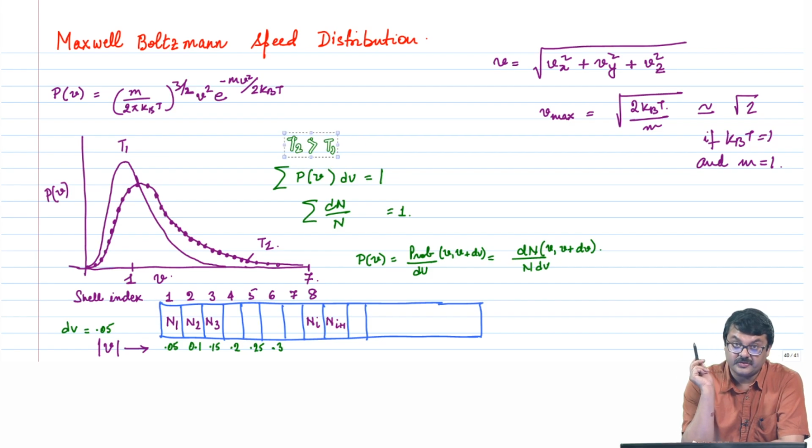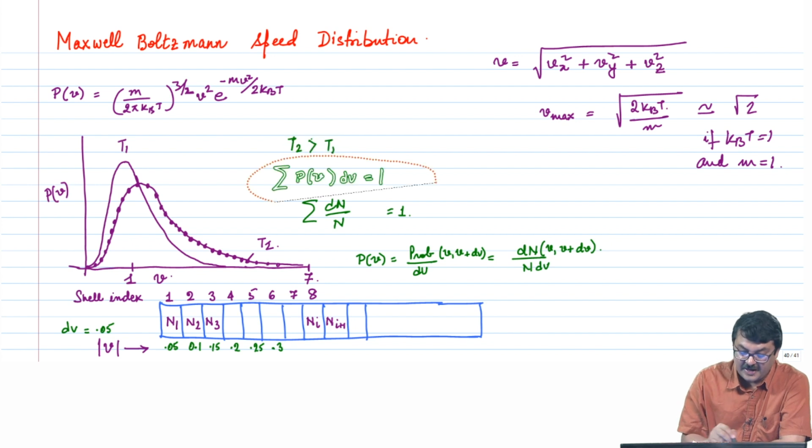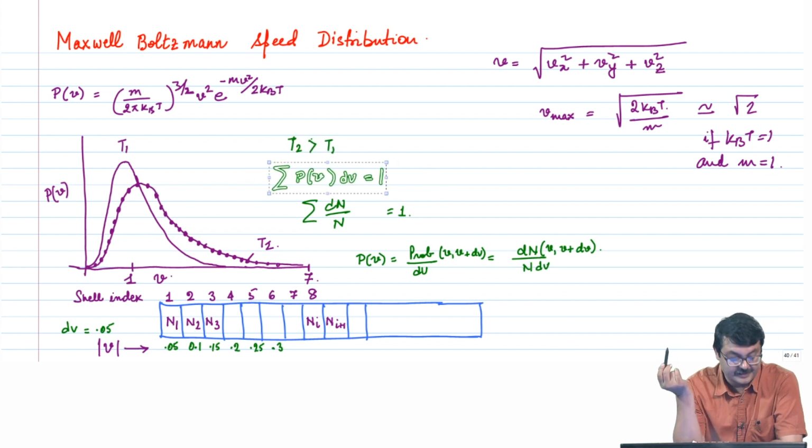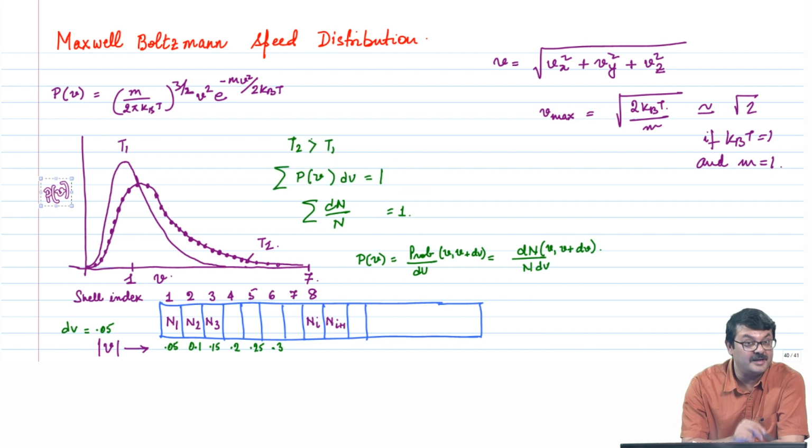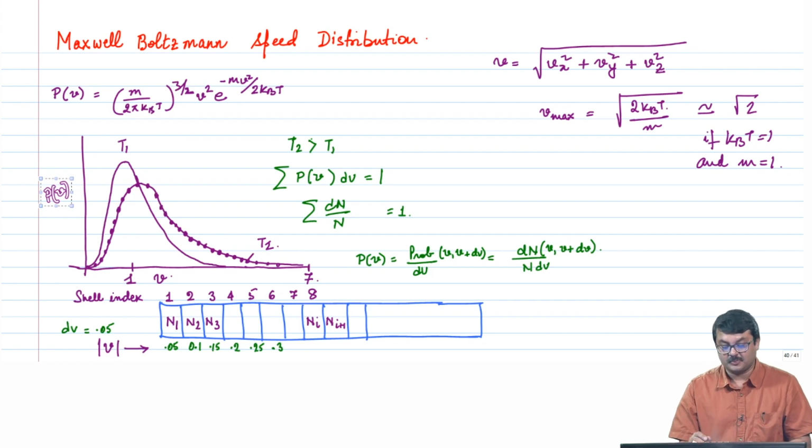And of course, the probability under the curve, which is P(v) dv, the sum of it has to be 1, because it is probability. This is a probability density function, that is probability divided by dv. What is probability?